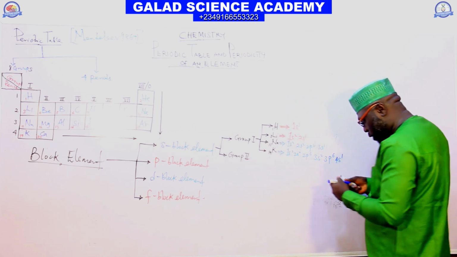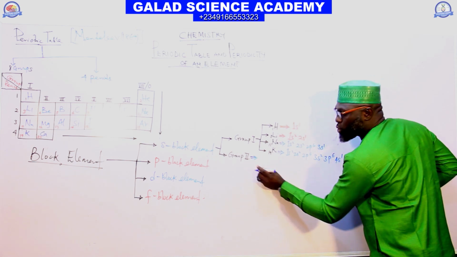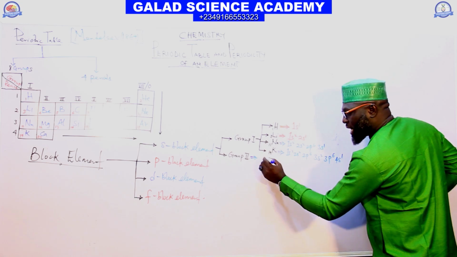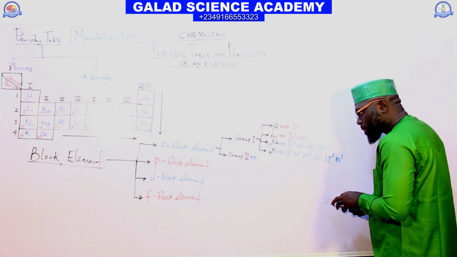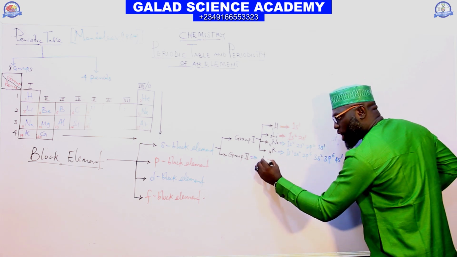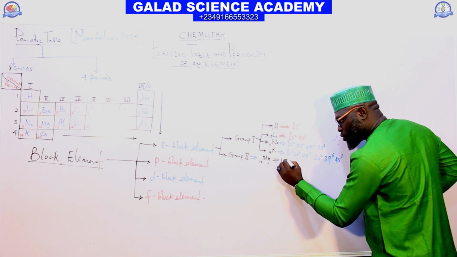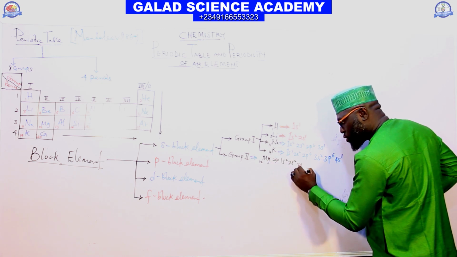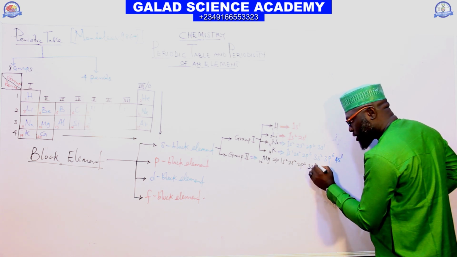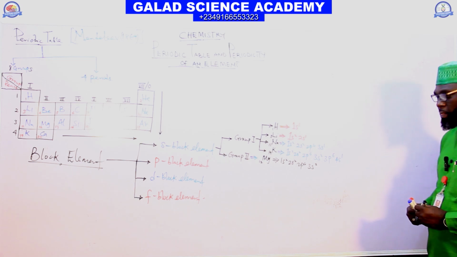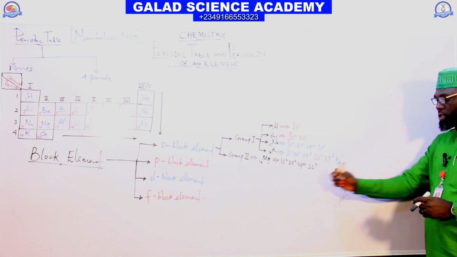Let me take one example on group 2: magnesium. Magnesium is Mg 12, which is 1s2, 2s2, 2p6, and 3s2.